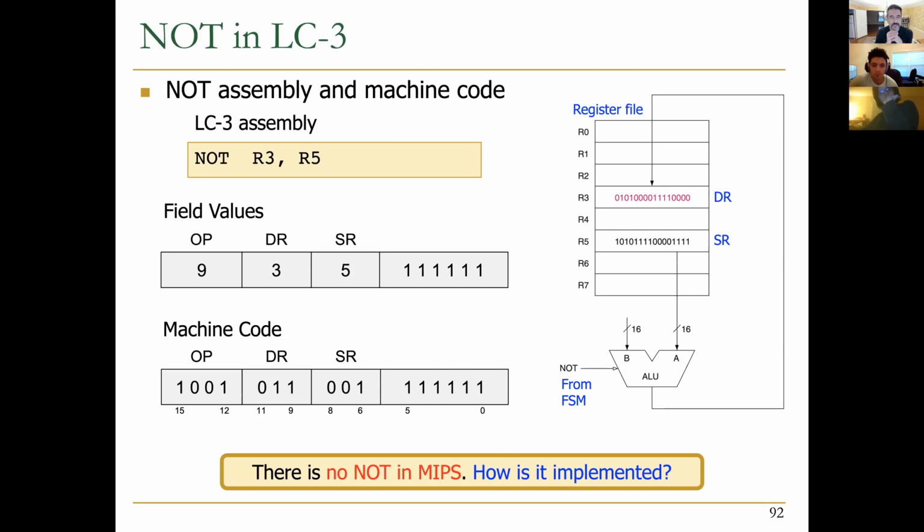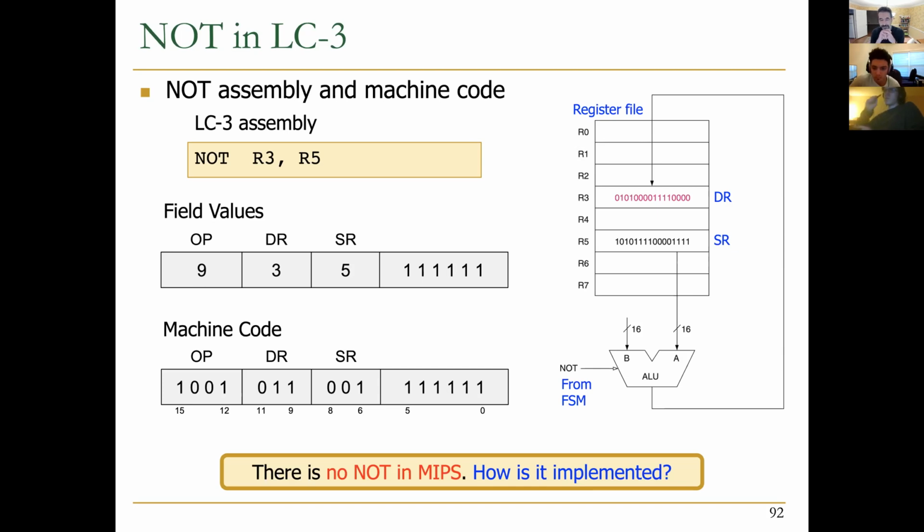So this was LC3, but in MIPS there is no not. There is no opcode, or there is no instruction for not. And you know that with logic you can implement not with some other logic.